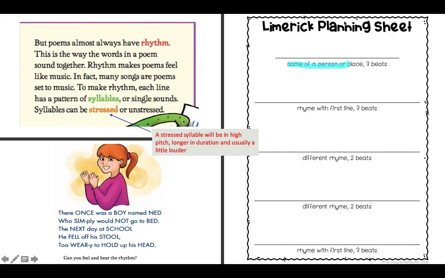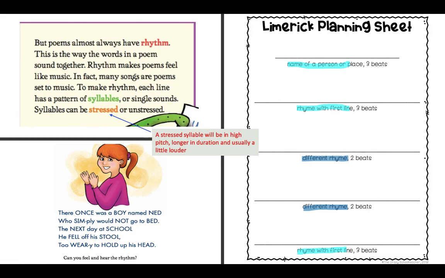So in the limerick, remember that it has a rhyming pattern, okay? The first line rhymes with the second line and the last line. And then the two middle lines have a different rhyme that rhymes with each other, and you'll see that as I go along with this poem.